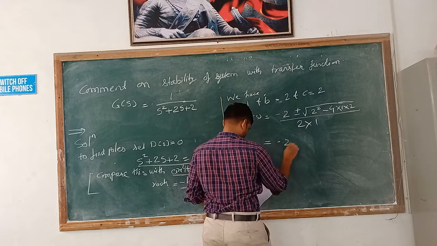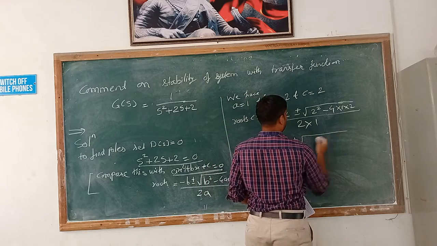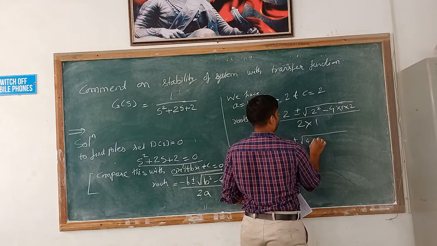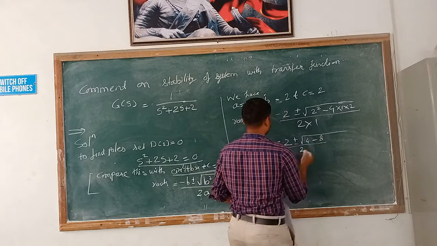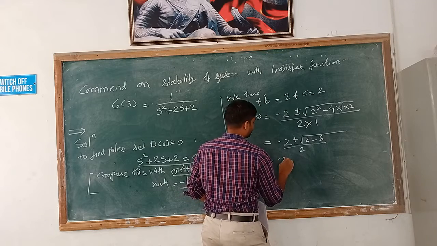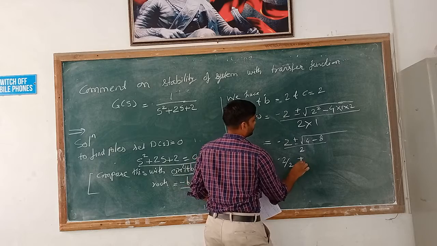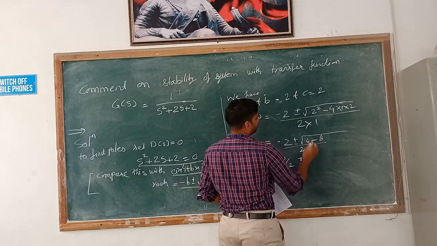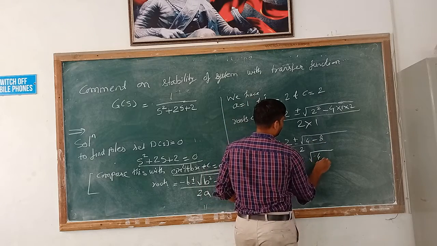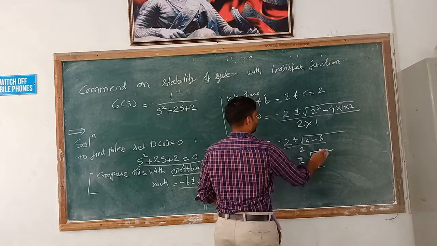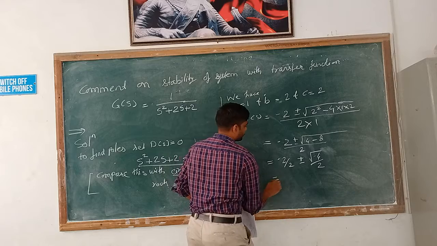So here this value comes as minus 2 upon 2 plus minus this under root of 4 minus 8. It is minus 4 by 2. Okay.